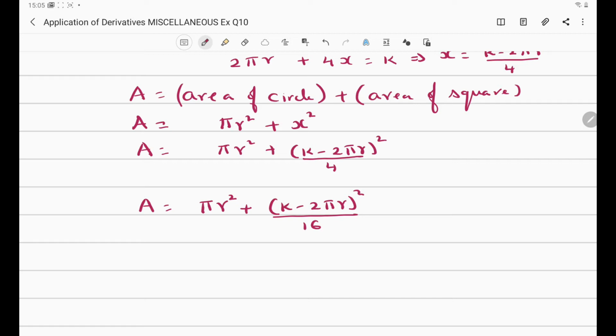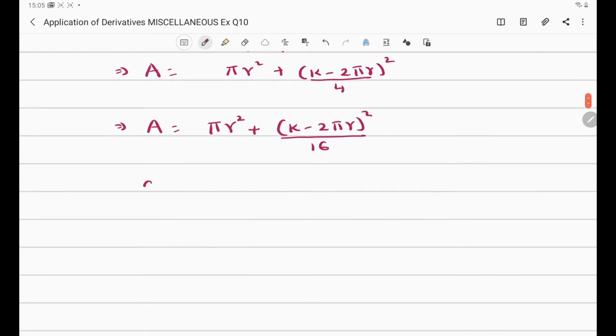After we obtain A in terms of one variable, now we are going to differentiate with respect to the single variable. So let us find dA by dr. dA by dr will be pi into the derivative of r square, which is 2r, plus 1 by 16 times the derivative of k minus 2 pi r whole square, which will be 2 into k minus 2 pi r into the derivative of k minus 2 pi r.